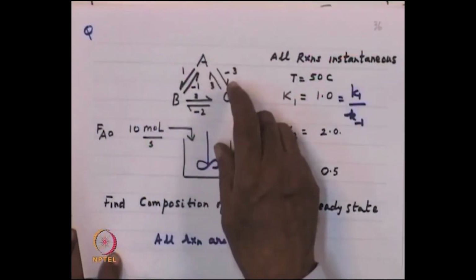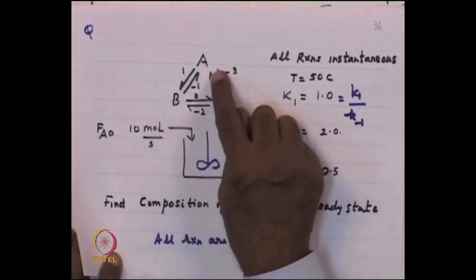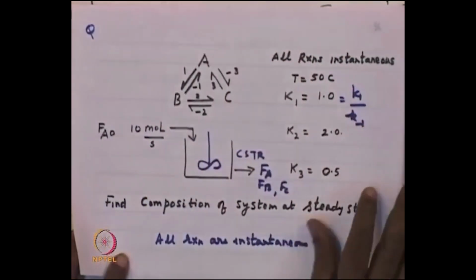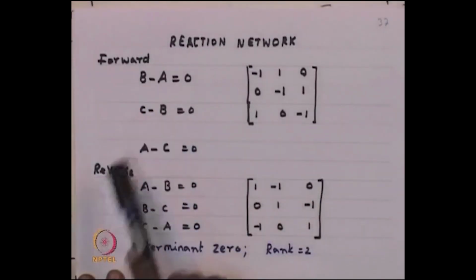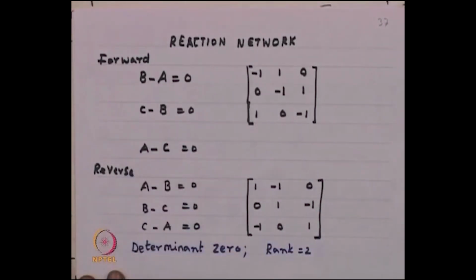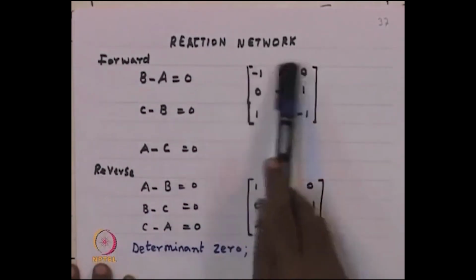Suppose these reactions were not reversible, A goes to B, B goes to C, C goes to A. Assuming they are not reversible, that means there are only 3 reaction sets, which is written in this form: B minus A equal to 0, C minus B equal to 0, A minus C equal to 0. Okay. Assuming that they are not reversible, then the what is called as the stoichiometric matrix looks like this.